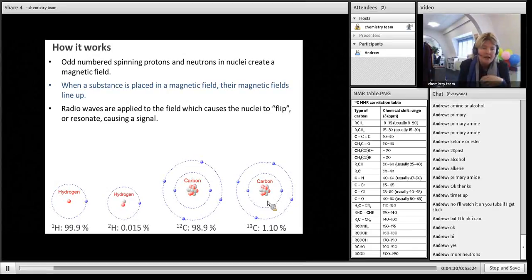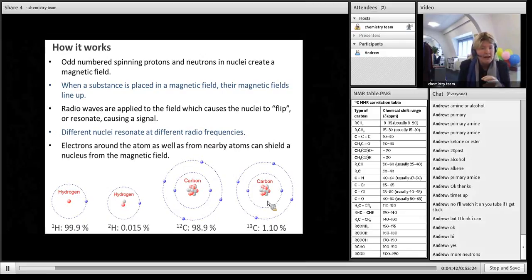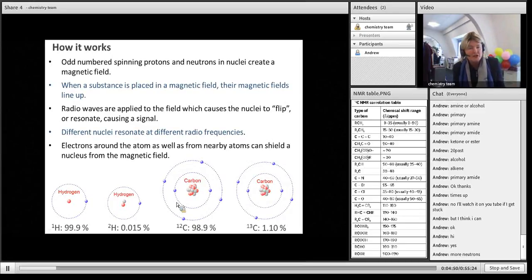And as I say, different nuclei will resonate at different frequencies. So a carbon nucleus will be different to a hydrogen nucleus, for example. Also, the electrons around the nucleus are going to affect how much the nucleus feels from that magnetic field.